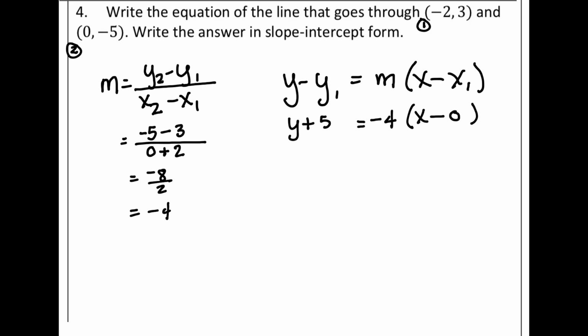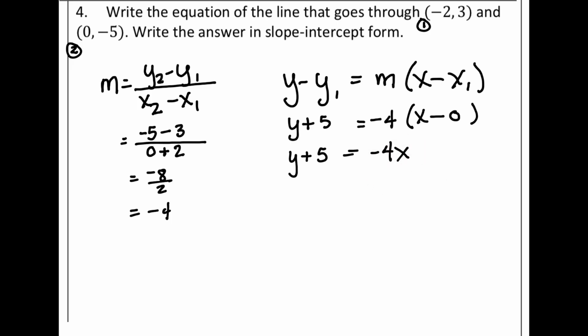Okay, we're going to distribute. So, y add 5 is equal to negative 4x. Now if I go negative 4 times negative 0, first of all, negative 0 doesn't exist, it's just 0. But timesing by 0 gives you 0, and adding 0 is useless.